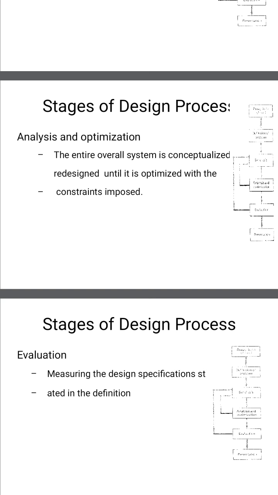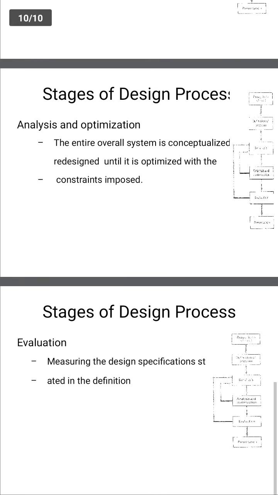Next, evaluation: measuring, designing, evaluation, these all come in evaluation. Here we will see how we have designed, whether it is correct with the dimensions they have given, whether we have done that particularly or not. We will check in this.